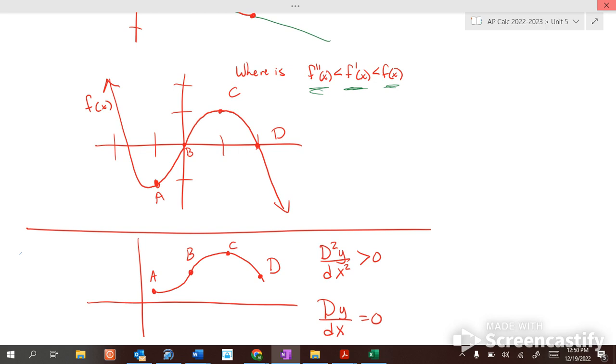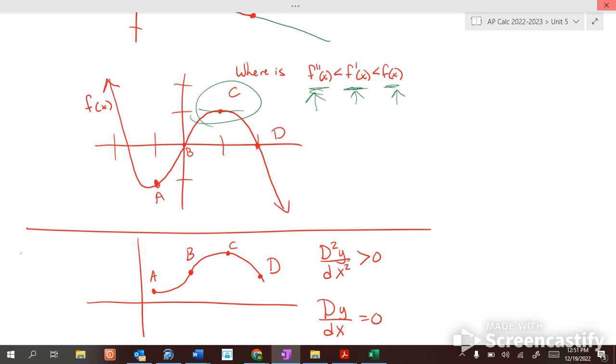So where is it concave down? Slope negative or 0, and then be a positive number. C. C is concave down. The slope is 0, and it's a positive 1 as a value.